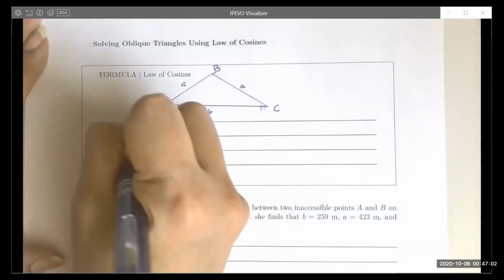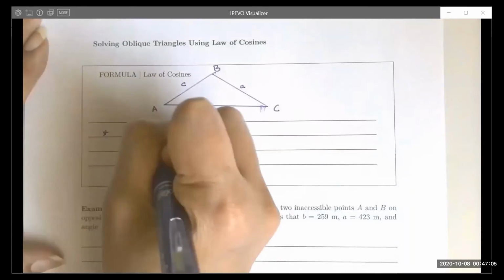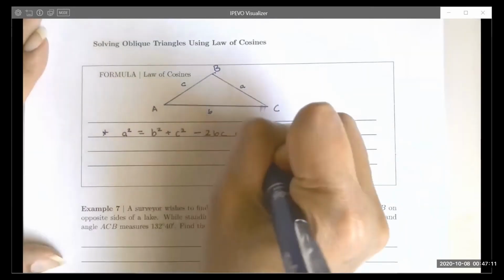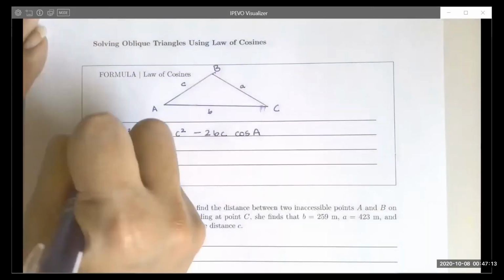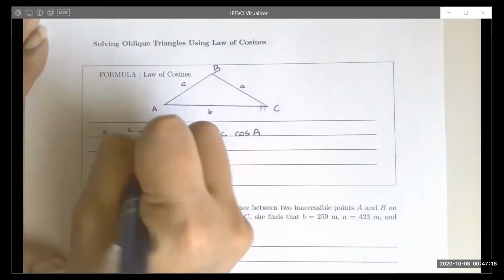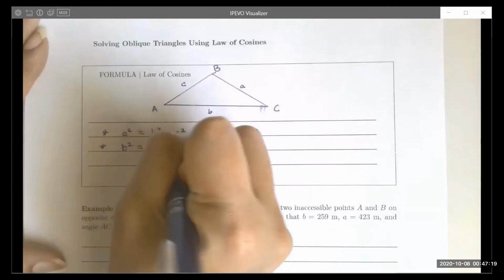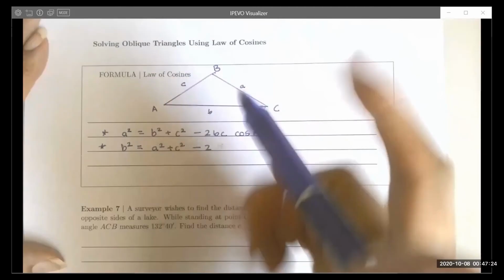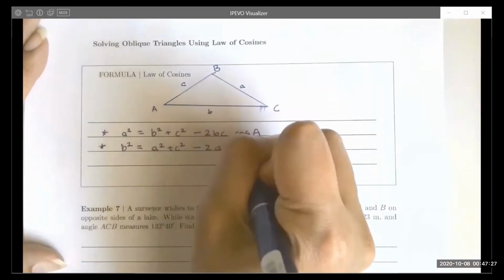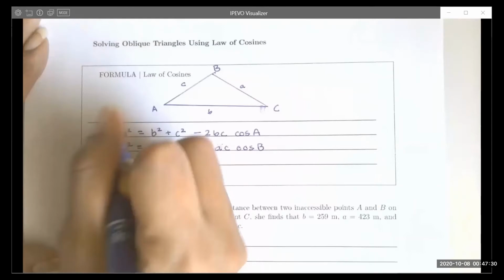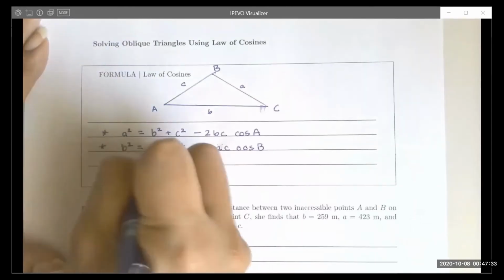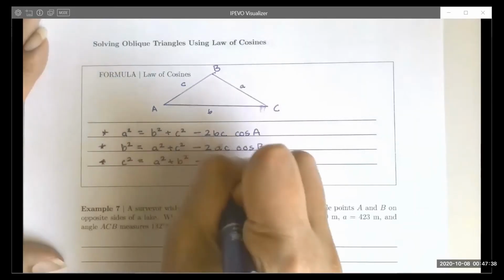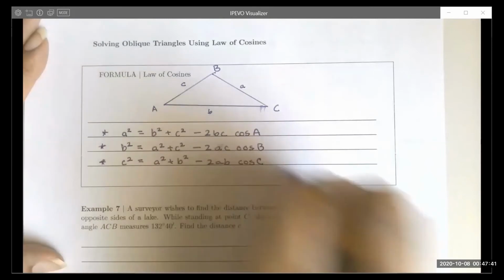The first version tells us that a squared is equal to b squared plus c squared minus 2bc times cosine of angle A. The second version has b squared is equal to a squared plus c squared minus 2ac times cosine of angle B. And the last version is c squared is equal to a squared plus b squared minus 2ab times cosine of angle C.